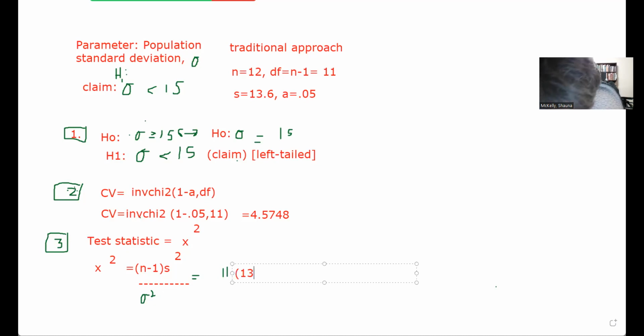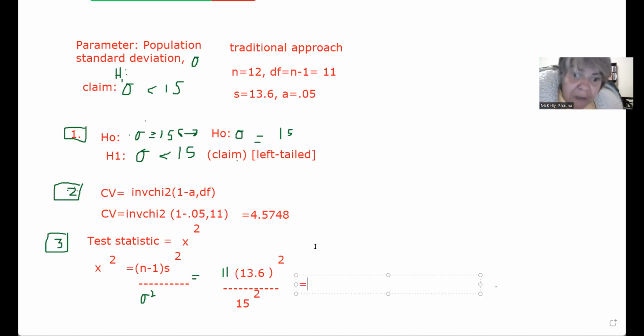And remember that your sigma was given in your problem. It was part of your null hypothesis. Sigma here was 15. So we have 15 squared at the bottom. So now let's put this in the calculator and find out what this is.